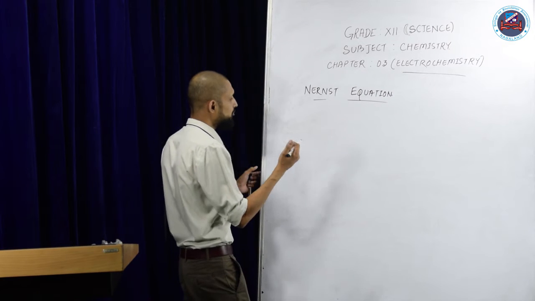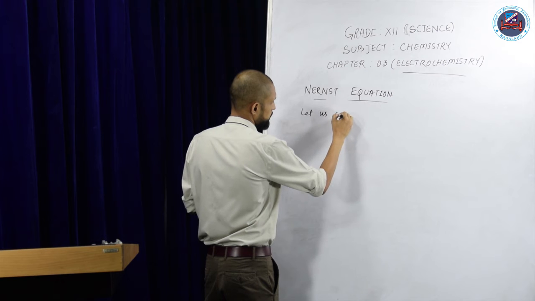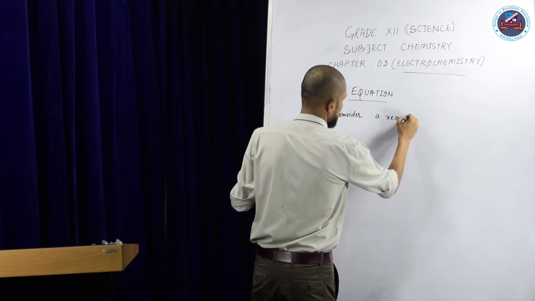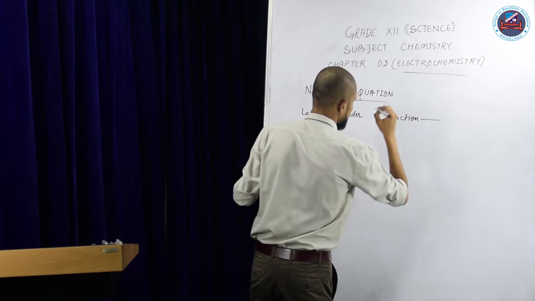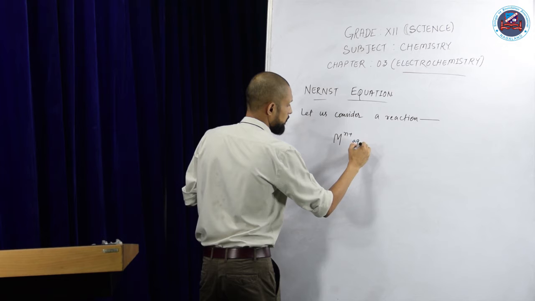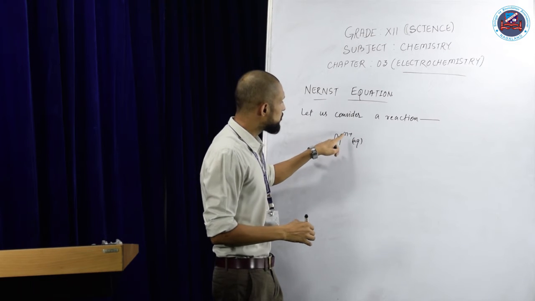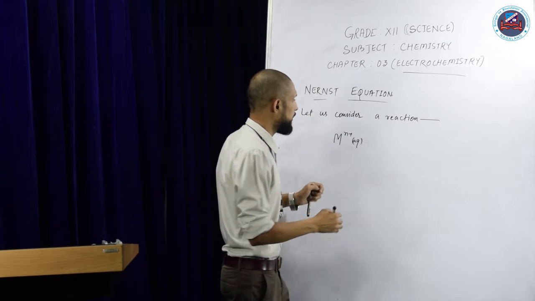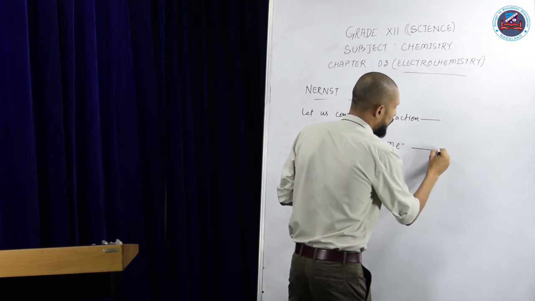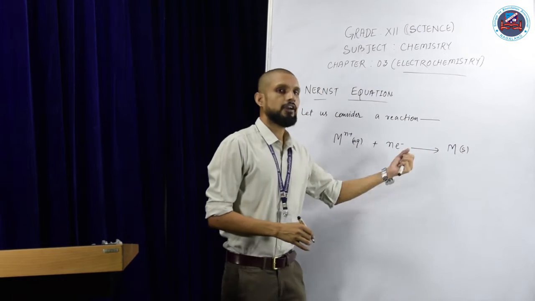For that, we first have to consider a reaction. M n positive, M is a metal with n positive charge. So this is a metal ion, and it will accept n number of electrons to undergo reduction and will form M solid. So this is the reaction.